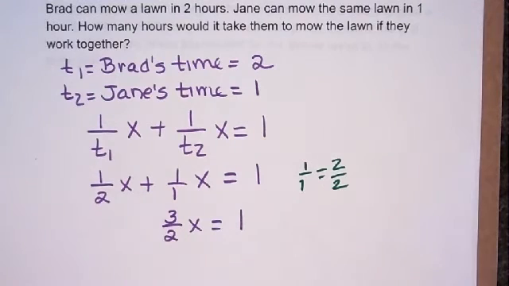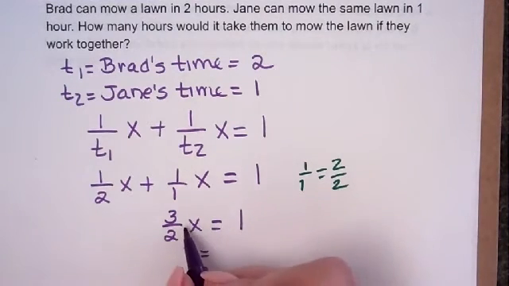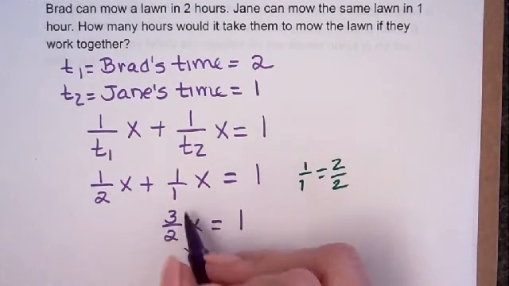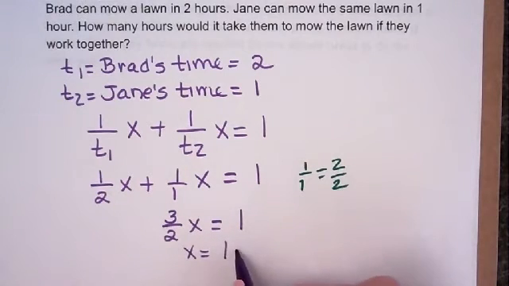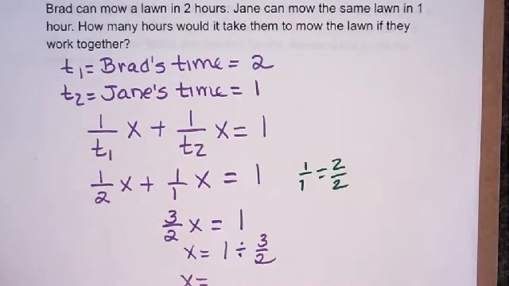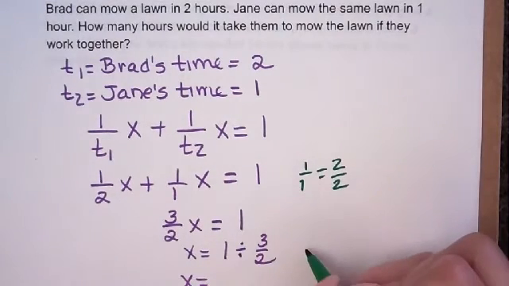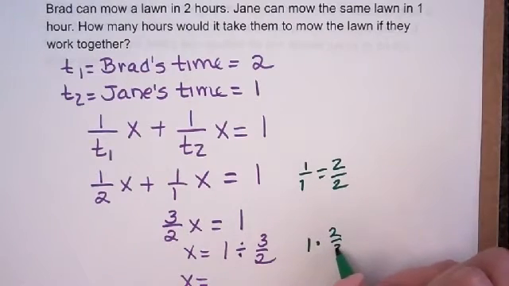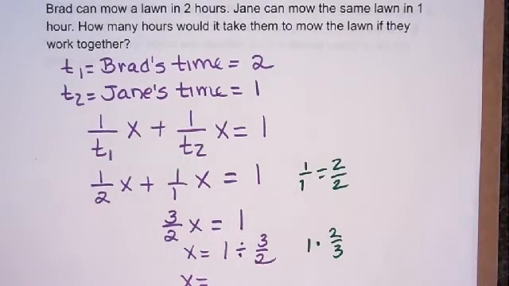Next step, I'm going to divide the 1 by the 3/2. I can use my calculator, I can use my brain, but if I'm doing it in my head, that's the same thing as 1 times 2/3 when I take the reciprocal. And 1 times 2/3 is 2/3.